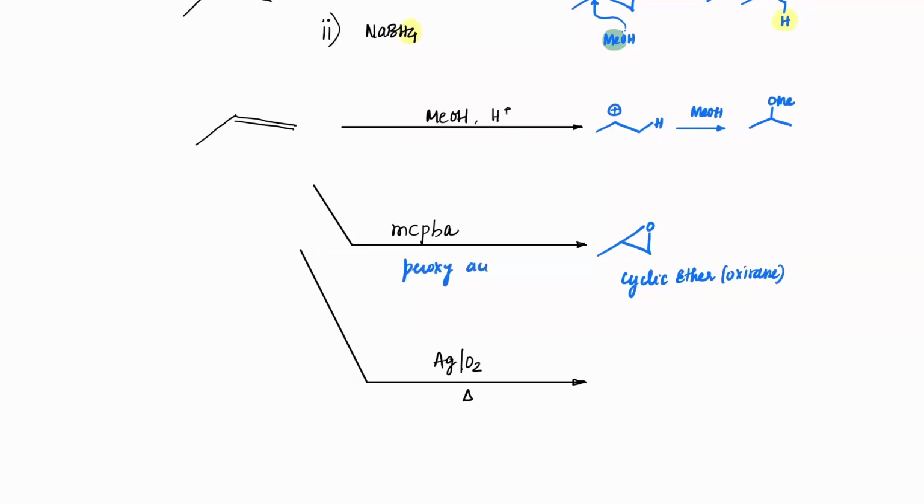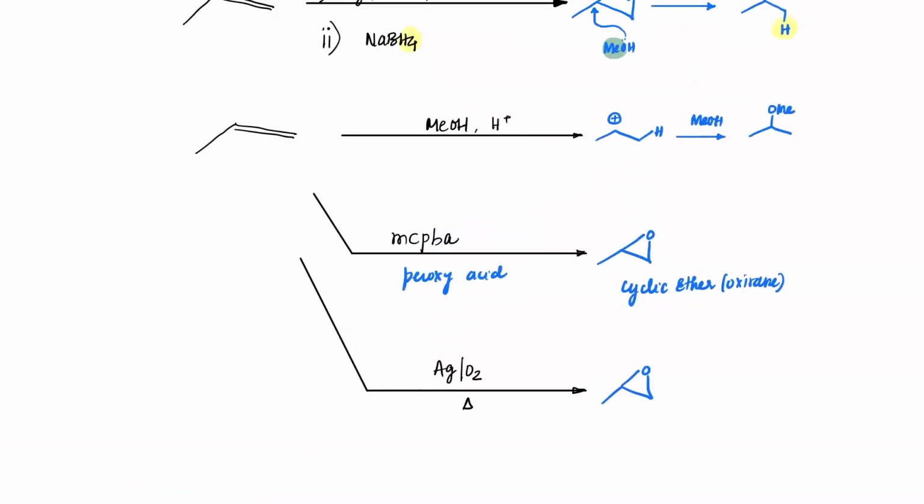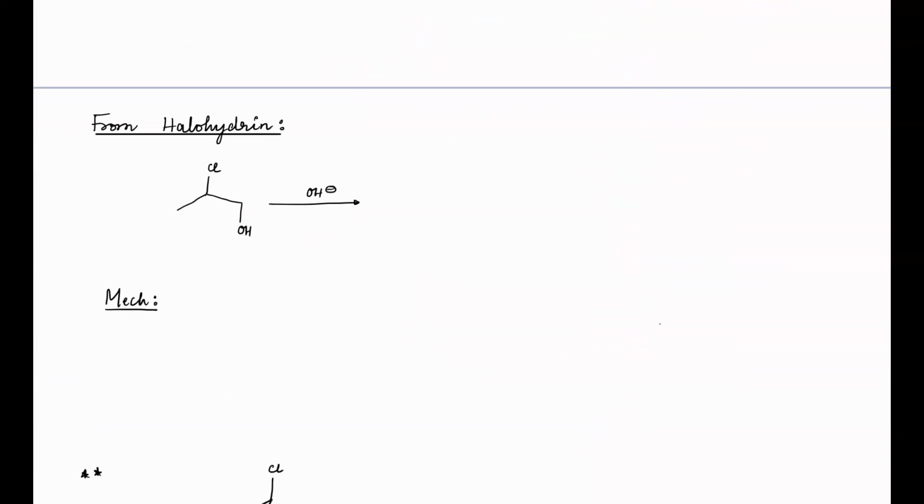So any peroxy acid will prepare the same. Same is the case with dry silver in oxygen, which prepares a peroxy acid. Okay. These are from alkenes, which we have learned the same things for alcohols. For alcohols, we used to just make further hydrolysis. If we stop it here, they'll end up at ethers.